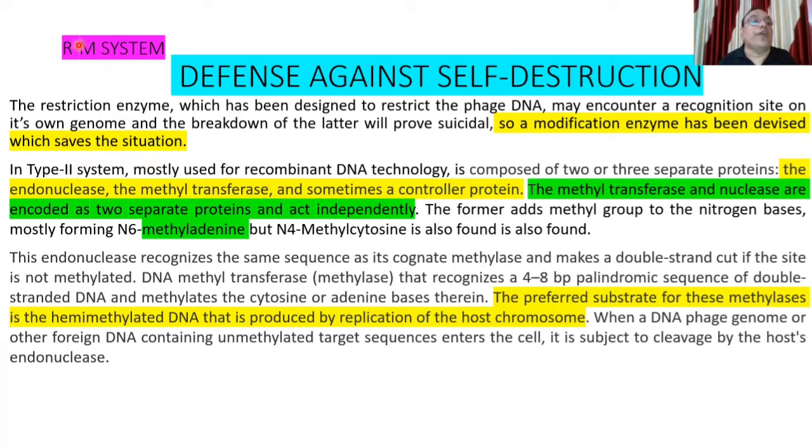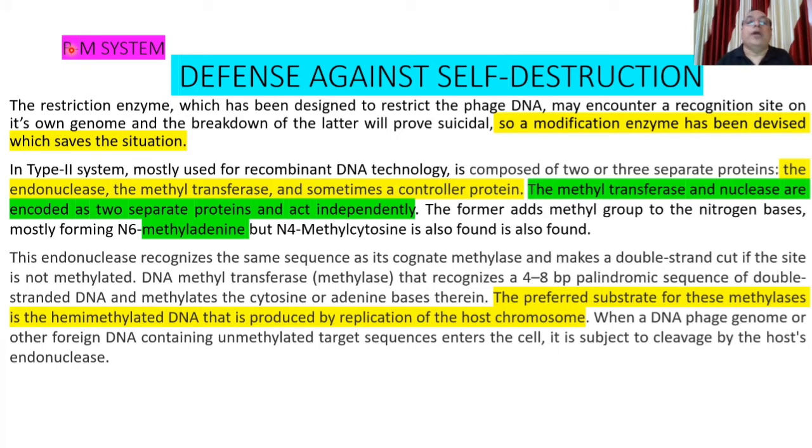So this modification of the bacterial genome by the enzyme is called the modification system, whereas the cutting at the specific site of the bacteriophage is called the restriction system. And you have seen that type 3 and type 1 both have restriction as well as modification. They have the power of methylation; they can add a methyl group.